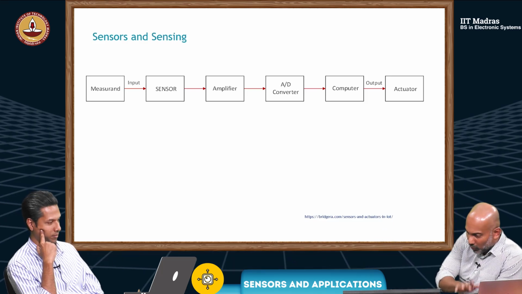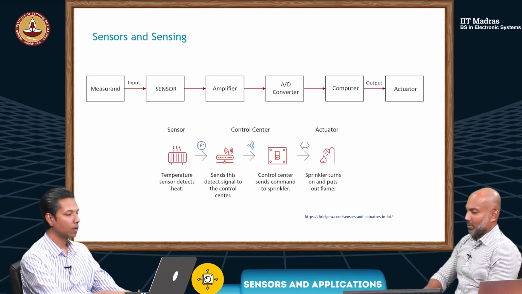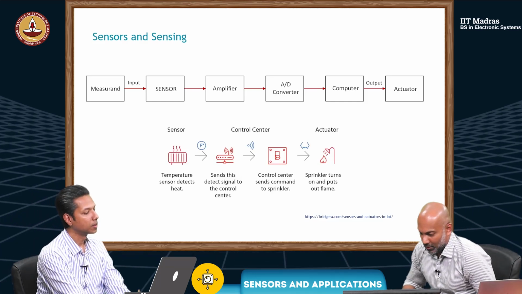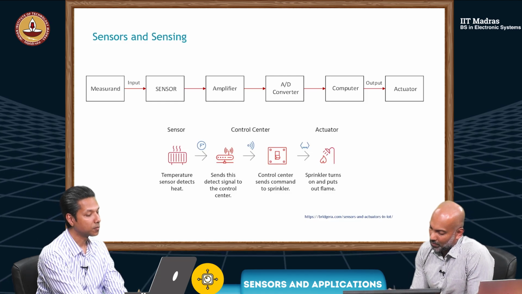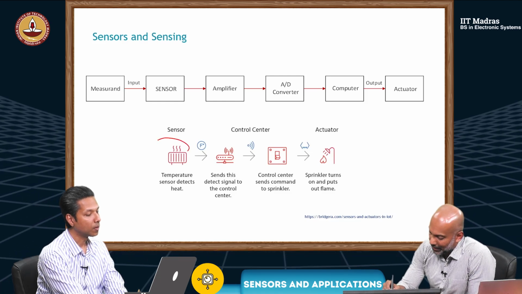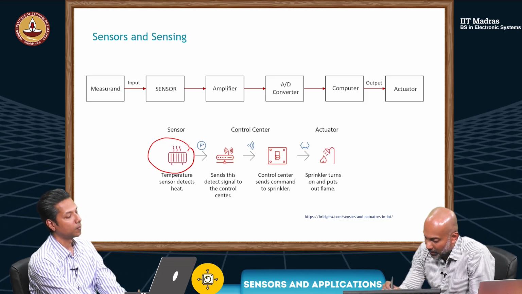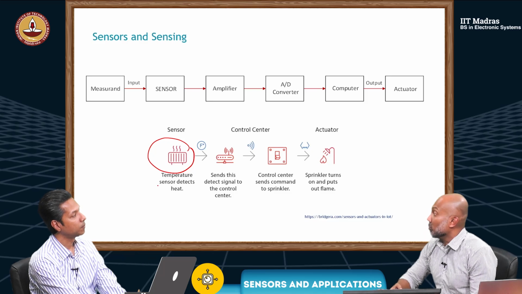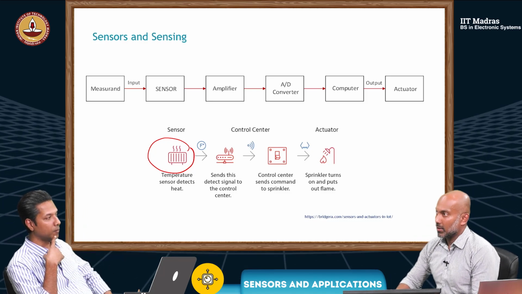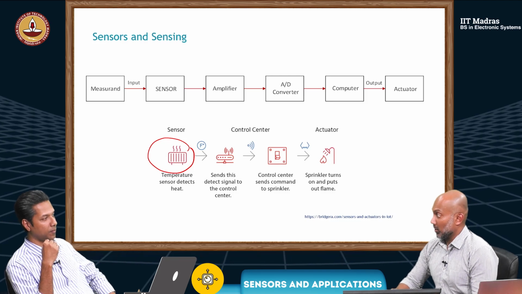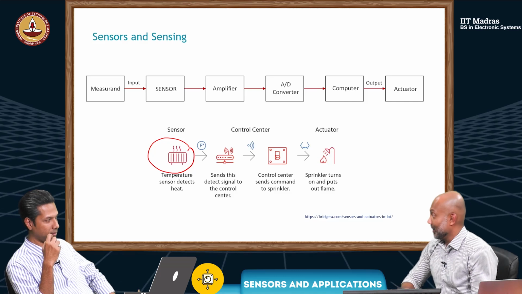But what if I show you this diagram? What does that tell you? The temperature sensor detects the heat. Now this could be anything, right? Let's take an example. Let's say this temperature sensor is in a room, and somehow the room gets really, really hot, much higher than what it should be.